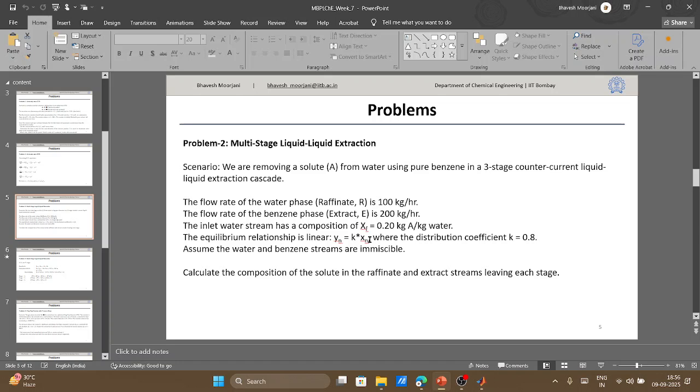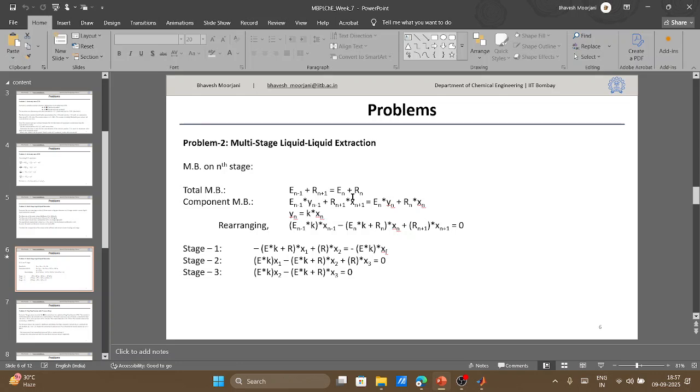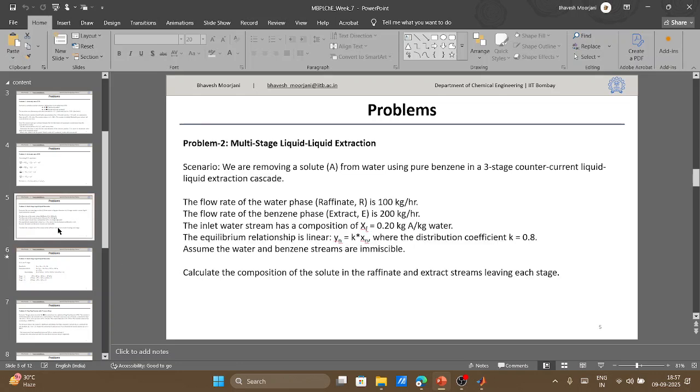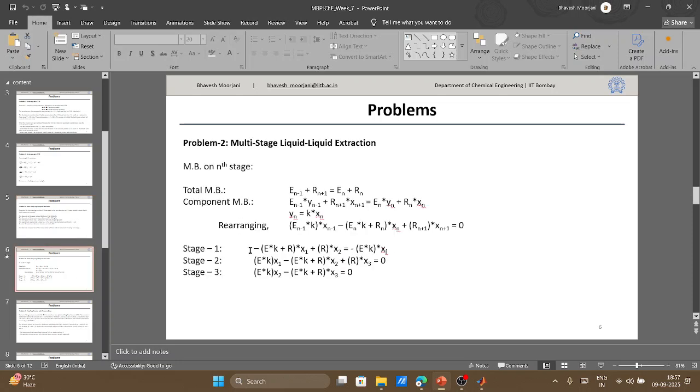We have the extract flow rate, which is 200 kg, raffinate 100, so even I'm considering extracting benzene, which is 200, and E into K into XF.